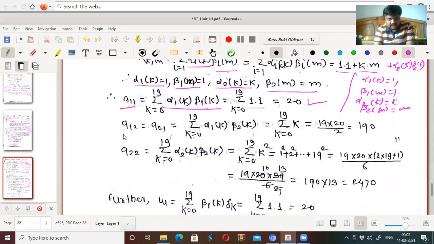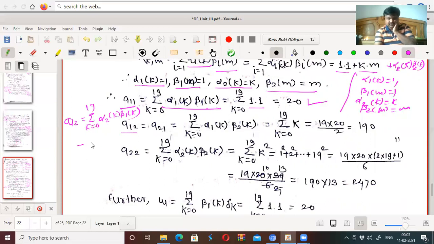Now what about a12? a12 is the summation from k equal to 0 to 19 of alpha 2k beta 1k, right? Alpha jk beta ik, it is like that.